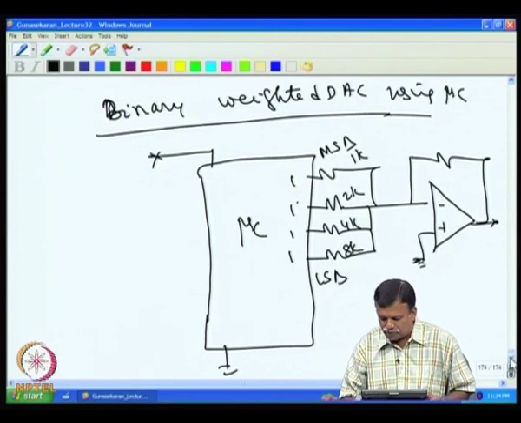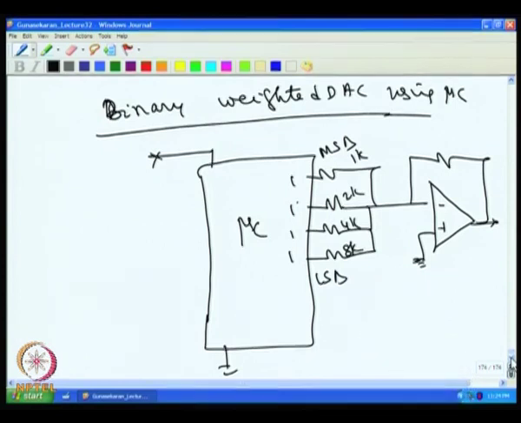Of course, a 4-bit converter can be easily achieved using this binary weighted D to A converter technique, because getting a separate A to D and D to A converter is an expensive proposition, and if it is a simple system, it is easier to use the microcontroller itself for A to D and D to A function to save the cost.